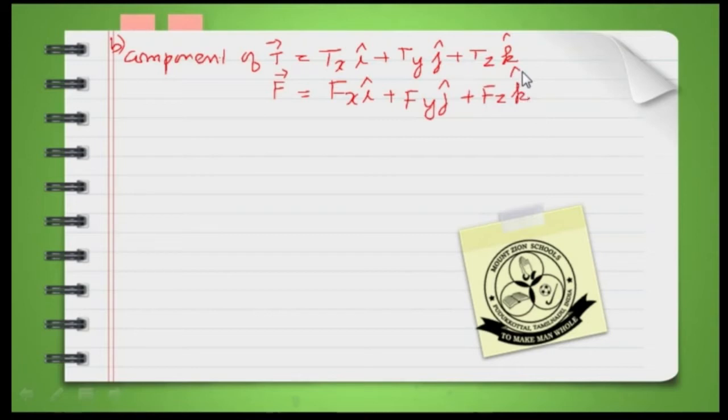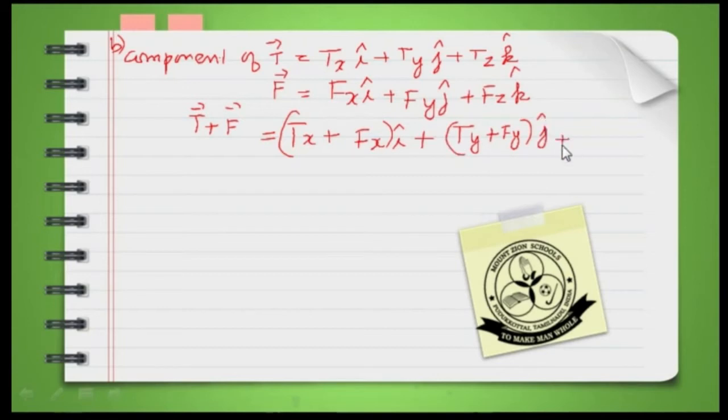So to find T vector plus F vector, we'll get Tx plus Fx i cap plus Ty plus Fy j cap plus Tz plus Fz k cap.